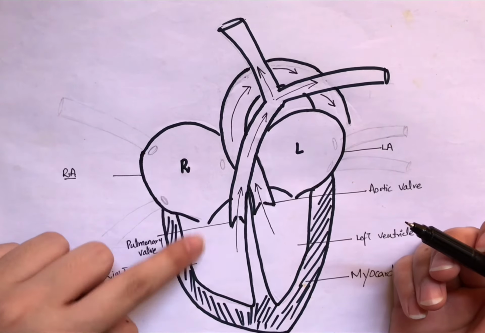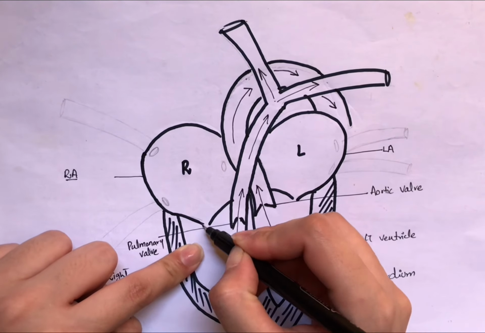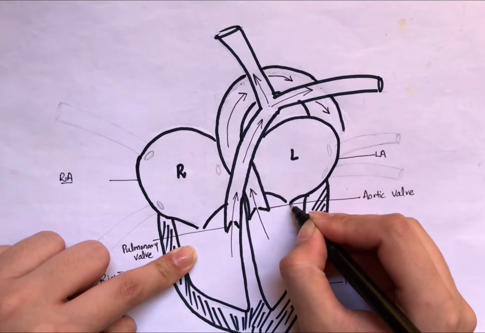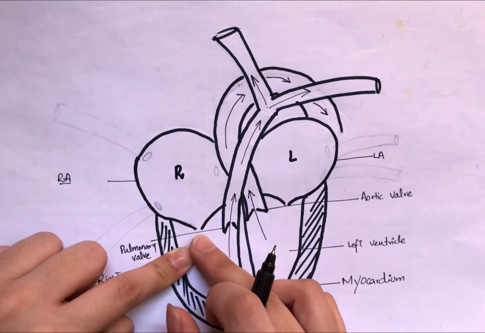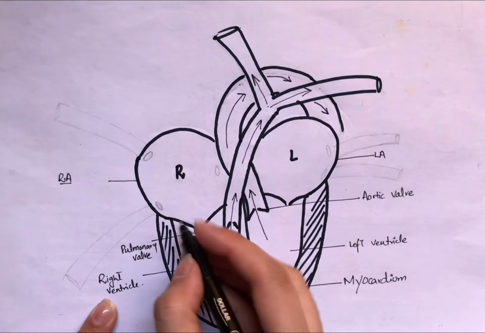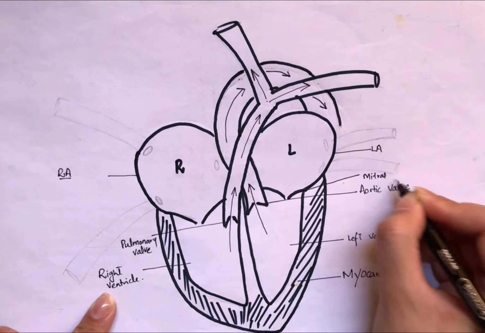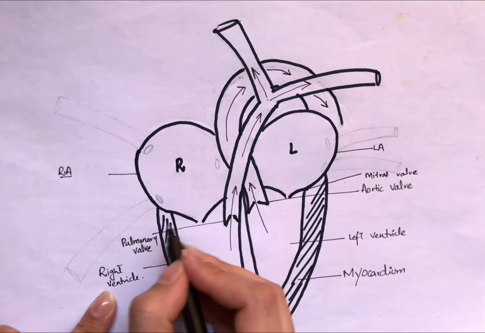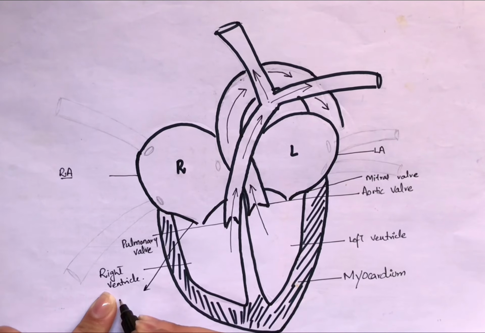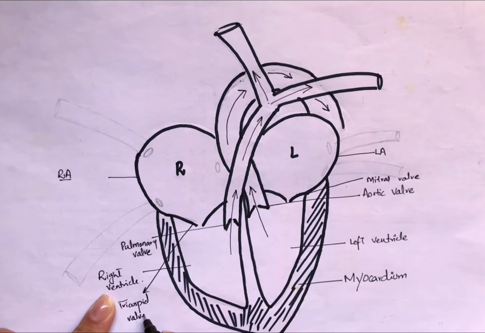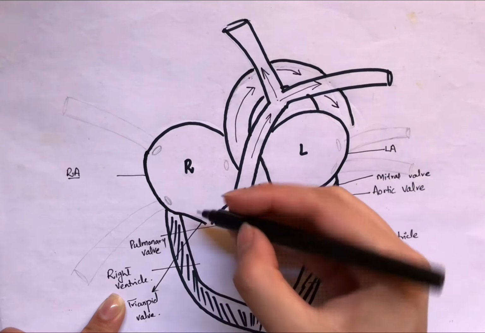From the right atrium, blood goes into the right ventricle by passing through a valve. On each side there is a valve from the atrium to the ventricle. On the left side it is the mitral valve that connects the left atrium and left ventricle, and on the right side it is the tricuspid valve that connects the right atrium with the right ventricle.